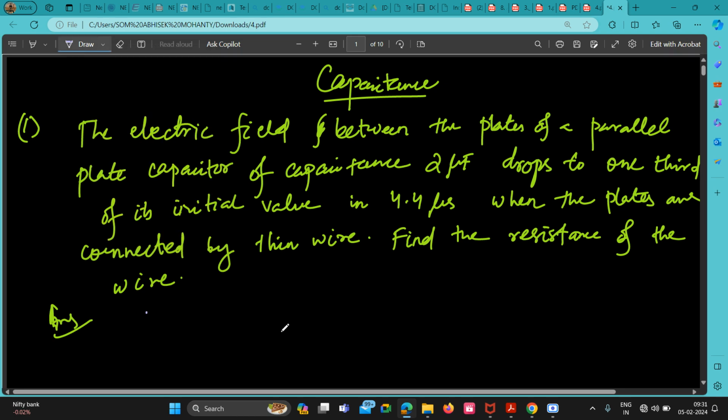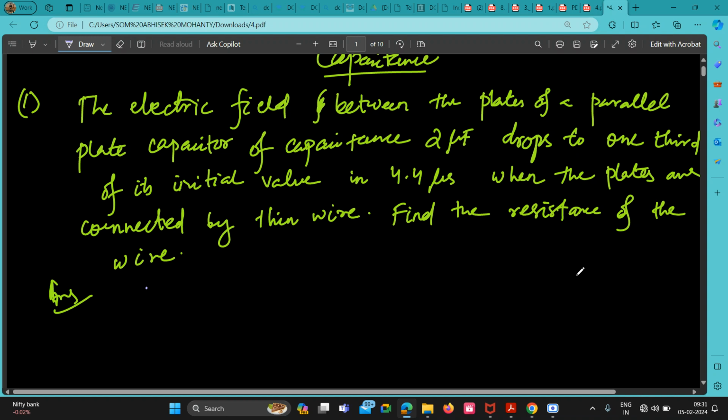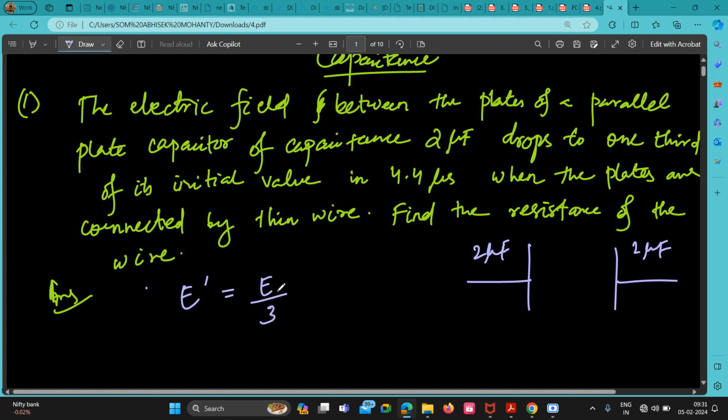Electric field between the plates of a parallel plate capacitor of 2 microfarad drops to one third of its initial value in 4.4 microseconds. That means E dash becomes E by 3, where E is the initial value, and t is equal to 4.4 microseconds.